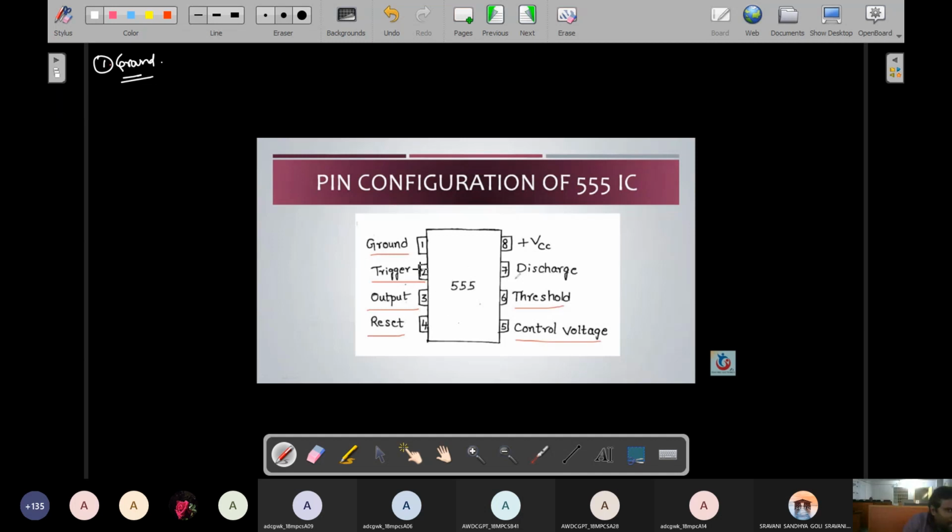Inside this 555 IC, various voltages are produced. We can measure those voltages by using this ground terminal only.